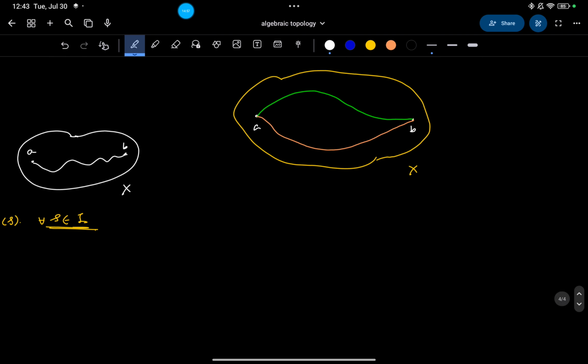So that means all the maps will be the following: these are the in-between gamma t's, whereas the initial one is gamma 0 and this one is gamma 1.